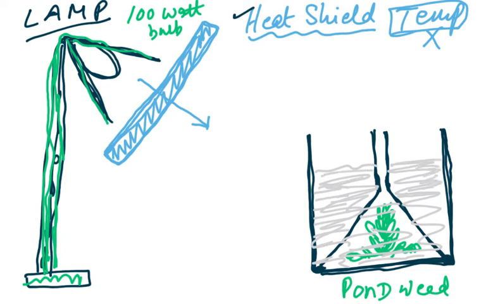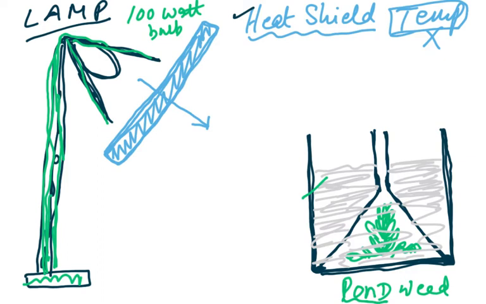No, we don't want to do that, because remember the pond weed must be in a pond. In a pond there must be frogs, there might be tadpoles, there might be fish, and these are all producing carbon dioxide. So we'd have to put some sort of chemical in it.